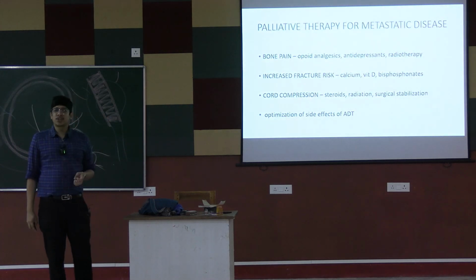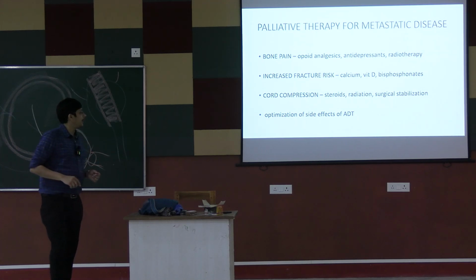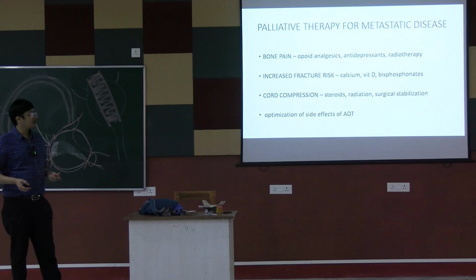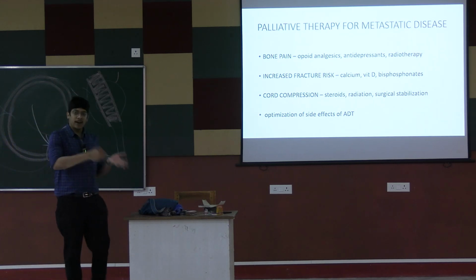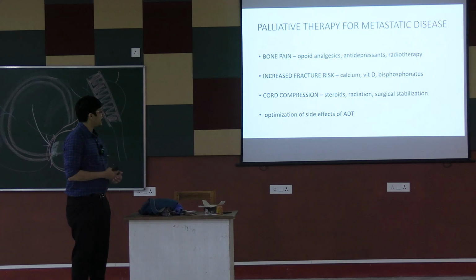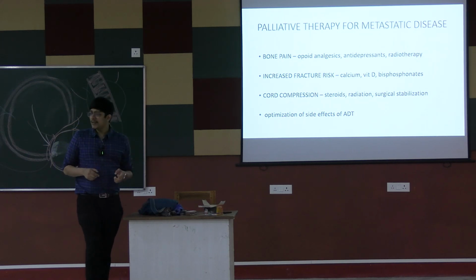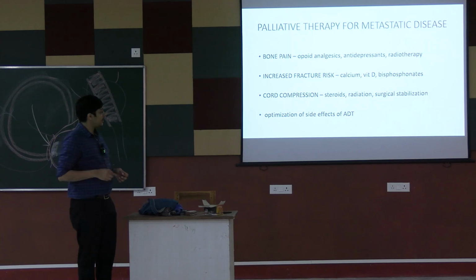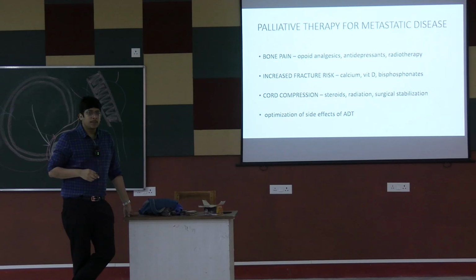Now lastly, a patient might come to you in the third category that I described with some specific symptom like bone pain or fracture risk or spinal cord compression, and from there you have diagnosed a prostate cancer. For them, the main intention is to treat for metastatic disease with androgen deprivation, and along with that we give therapies dedicated or targeted to the primary symptom.